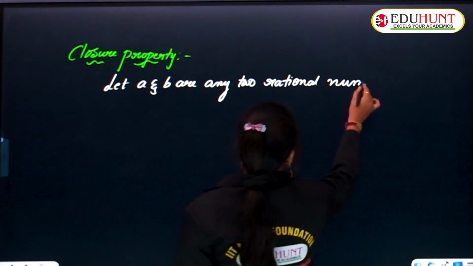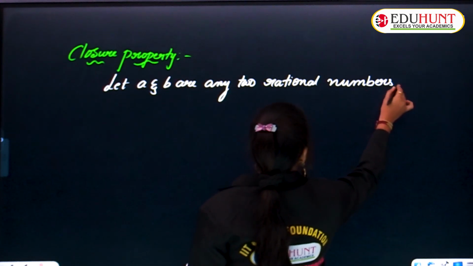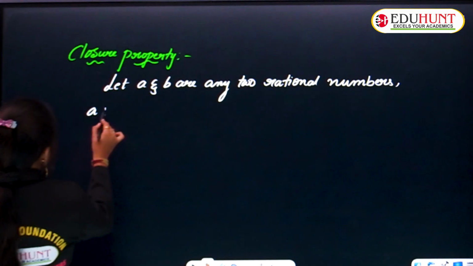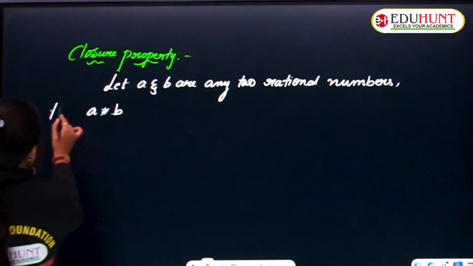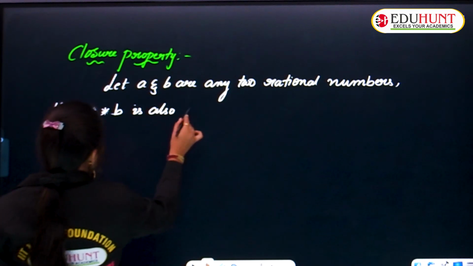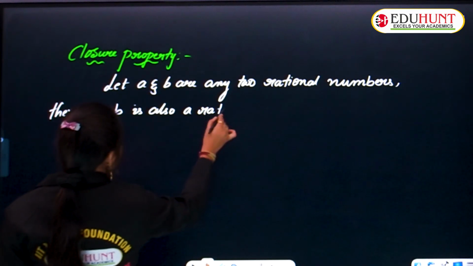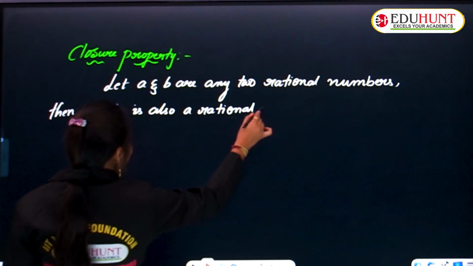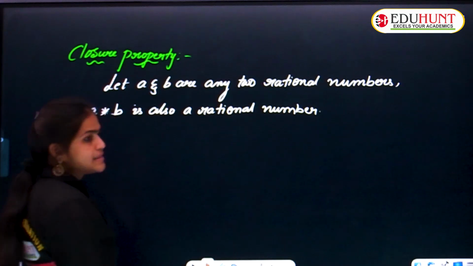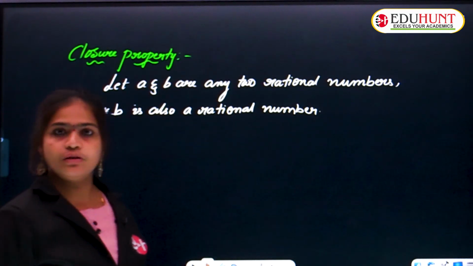Then A star B is also a rational number. This is the condition related to closure property.